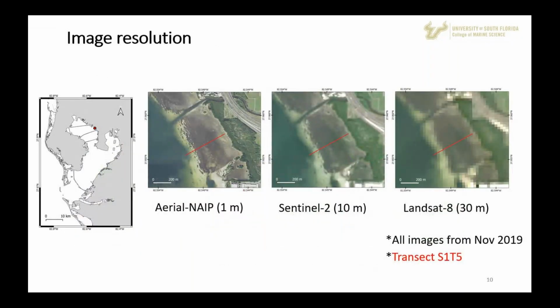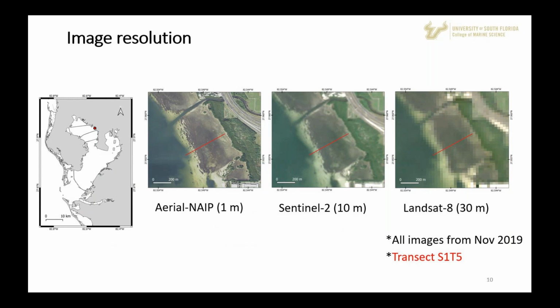So at different resolutions, the objects in the image look different. This is an example of an aerial photograph at 1 meter resolution per pixel, Sentinel-2 at 10 meters, Landsat 8 at 30 meters resolution.